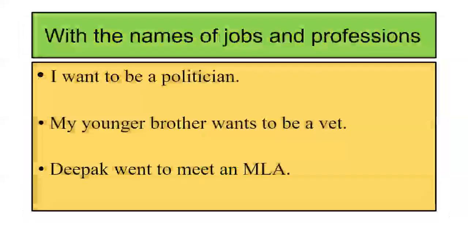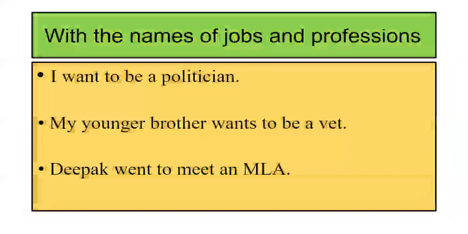The is used with jobs and professions. Like when I say that I want to be a teacher. I want to be a politician. My younger brother wants to be a vet. A vet is a doctor for animals. So here we are supposed to use a and an with the profession. Like when we say Deepak went to meet an MLA.